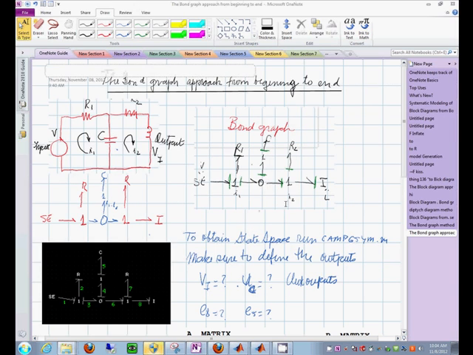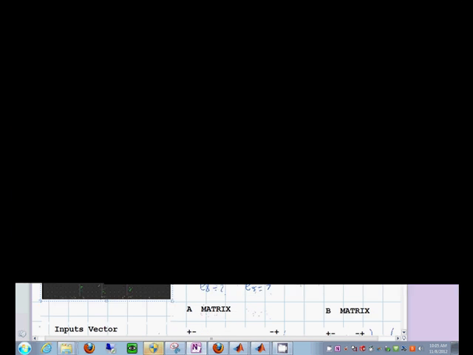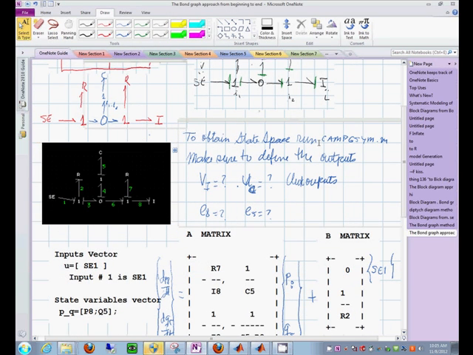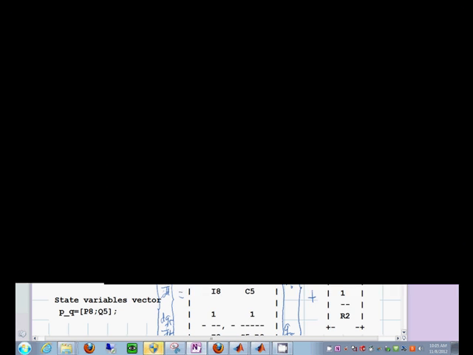And here we go. We have this simple example that we have proposed. We have the bond graph model of this in here. This bond graph model was put into the CAMPG software, and we say, okay, to obtain the state space form, we need to run CAMPG SYM and make sure that we define the outputs.